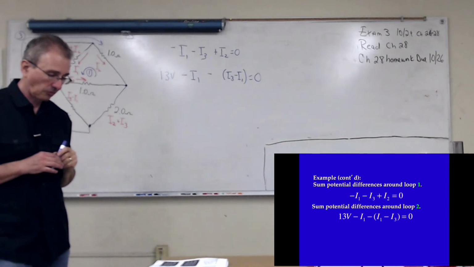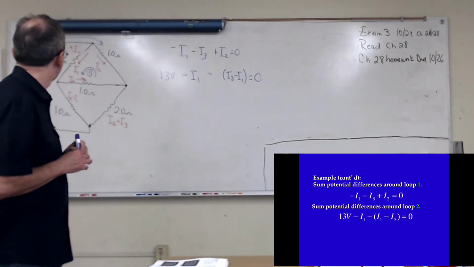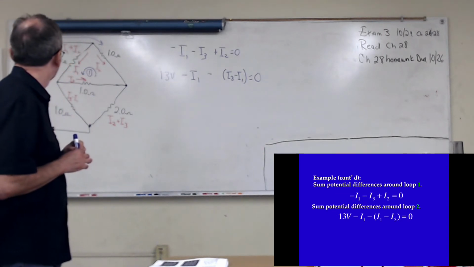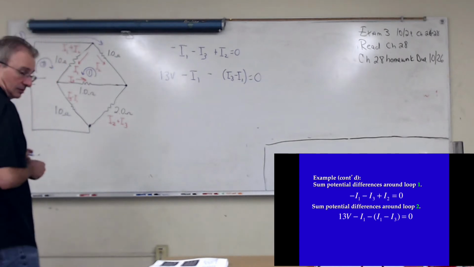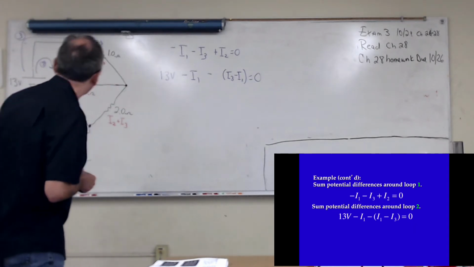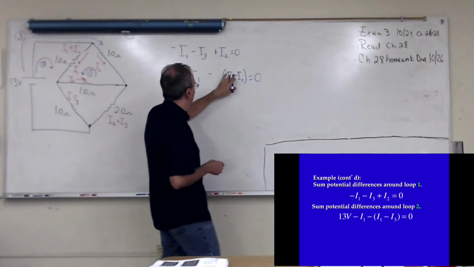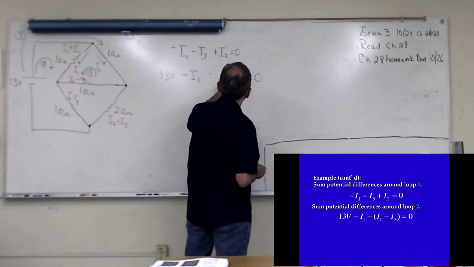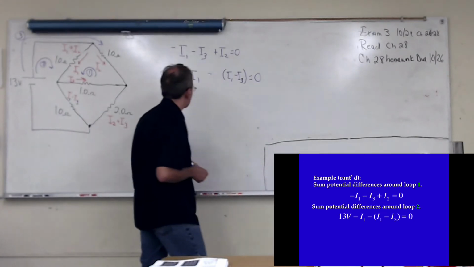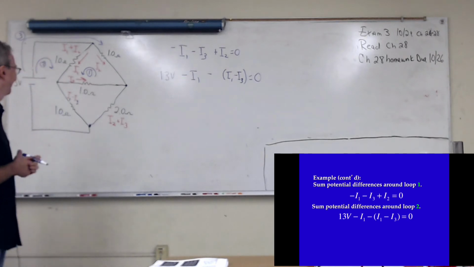Why is it I3 minus I1? I thought it was I1 minus I3. Oh, yeah, you're right. Sorry. I don't know why I did that. You were testing me. Okay.